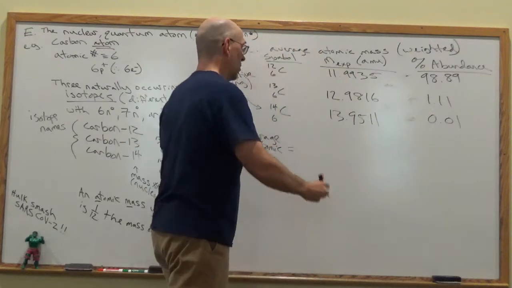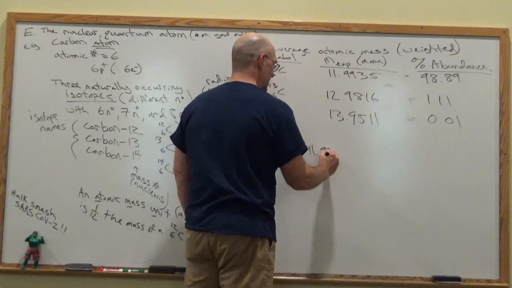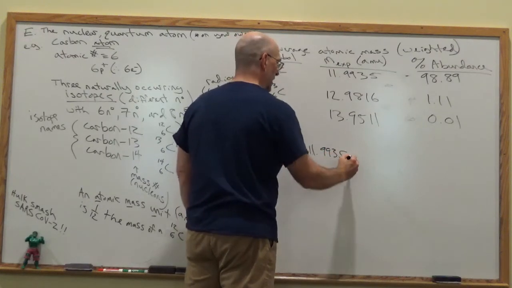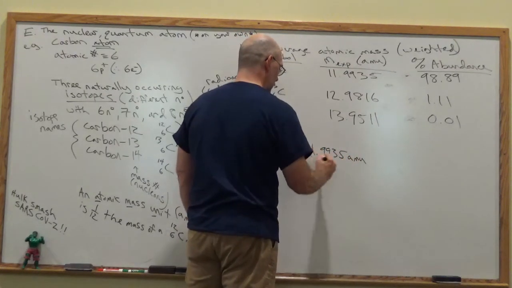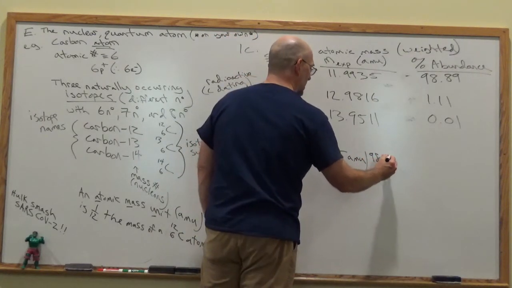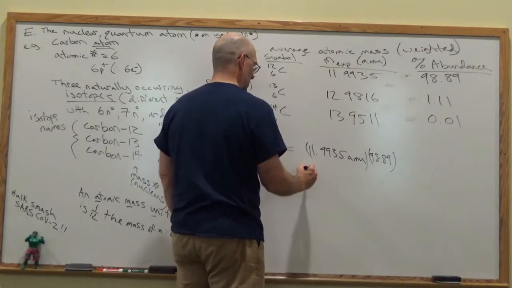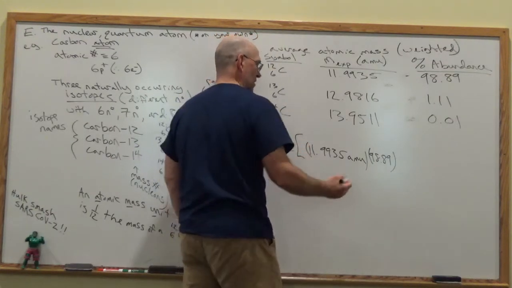Okay, go ahead and do that and see if you get the answer on the periodic table, 12.011. So we're going to take 11.9935 AMUs. Let's be precise and use units. Times 98.89. It's not really in units, so I'm not going to bother with that. Just put a bracket there.